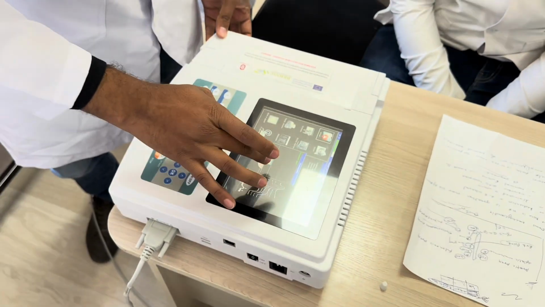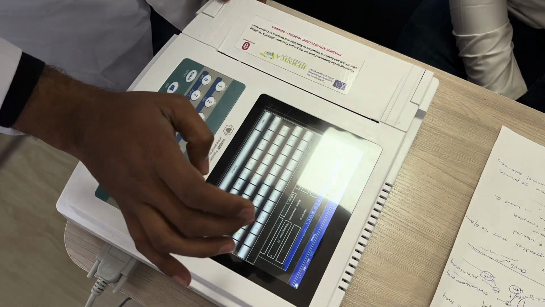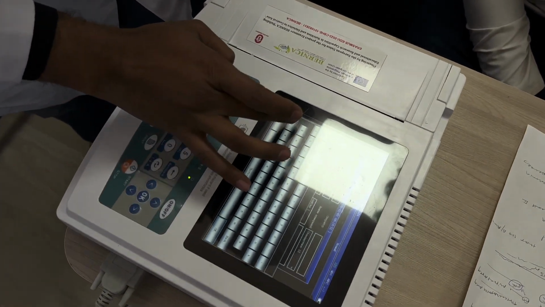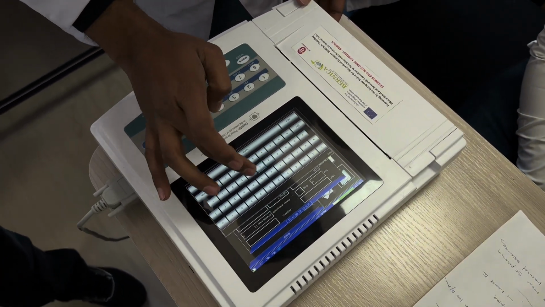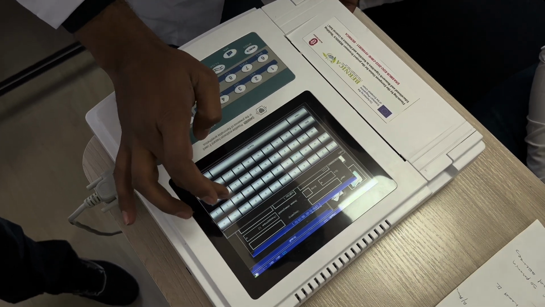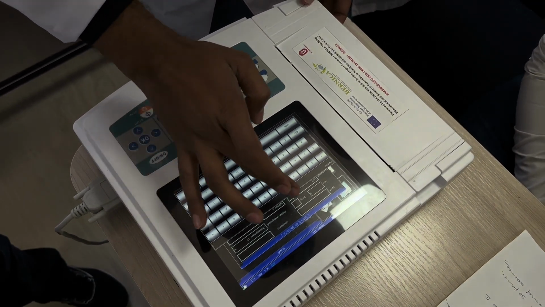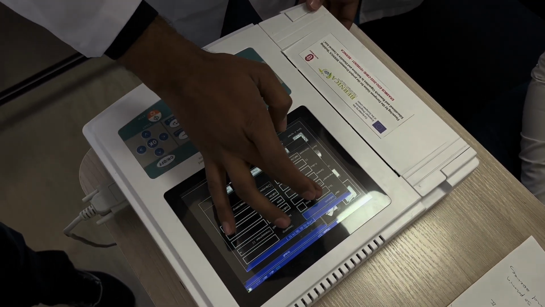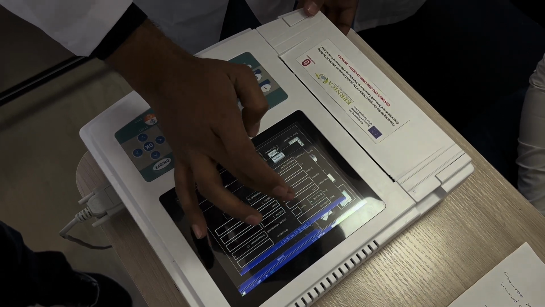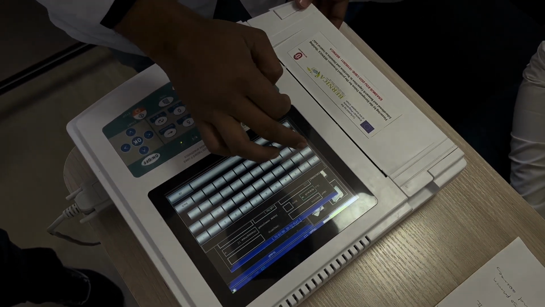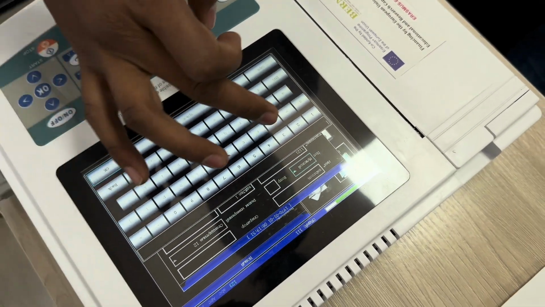New ID. Then we add the name. His name is Sharon Hamid. You must write the name and age. Patient age 22.